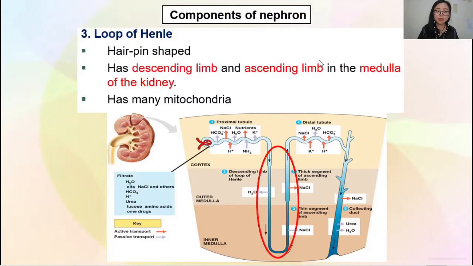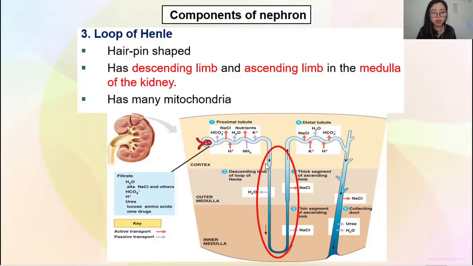The next component of the nephron is the loop of Henle. So dia akan masuk dari glomerulus, dia pergi kepada proximal convoluted tubule, dan dia akan turun ke bawah dan naik balik. So yang turun ke bawah dan naik balik, that part, the hairpin shaped part, hairpin macam bentuk pin rambut, has a descending limb and an ascending limb.